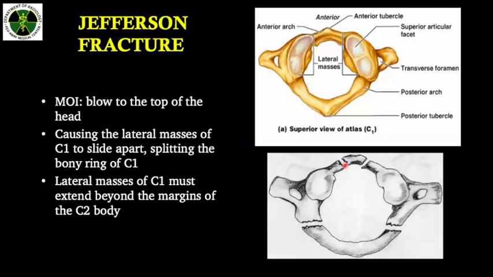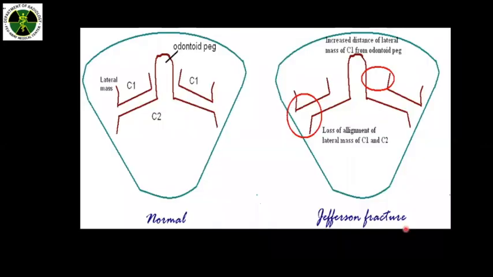For fractures, the Jefferson fracture is, as you can see, a fracture of C1. The mechanism of injury is a blow to the top of the head, causing the lateral masses of C1 to slide apart, splitting the bony ring of C1, seen here. The lateral masses of C1 thus extend beyond the margins of the C2 body in imaging.